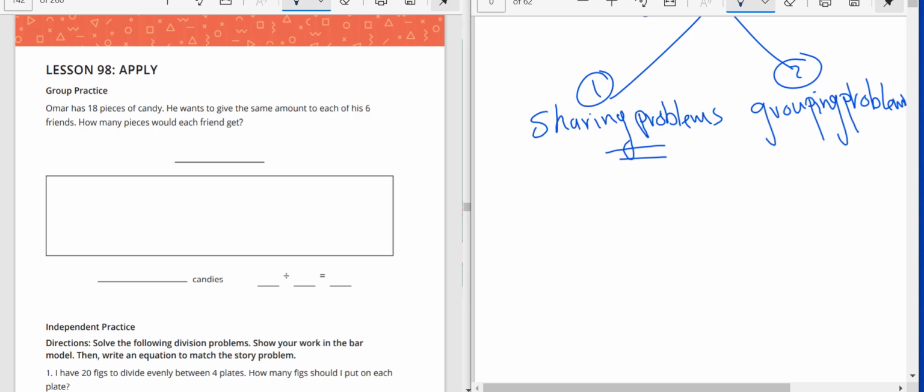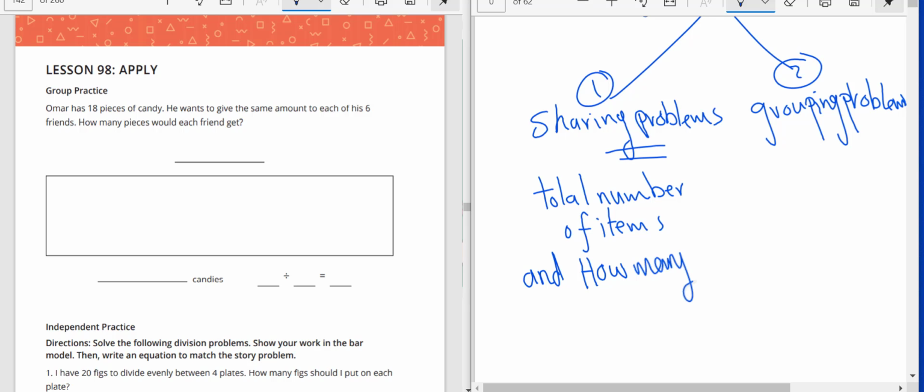At the first one, we know the total number of items and the number of groups we have.